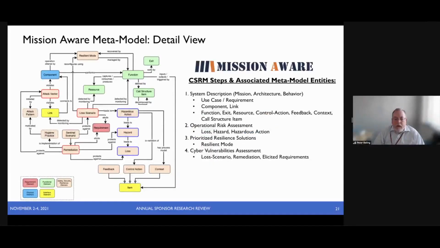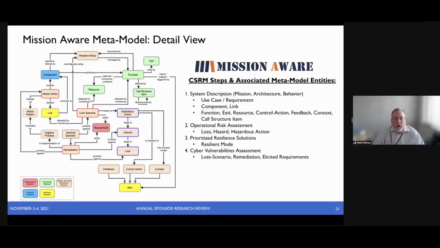And so here's the detailed view of mission aware. Again, this is pretty abstract, and Tim's going to walk through a complete example for a particular system. But what you can begin to see in this Metamodel is a number of different elements. We've taken the functional elements and physical elements and interface elements that are part of any kind of system, and added to them all of the tannish colored elements.